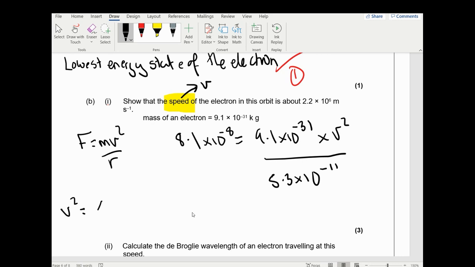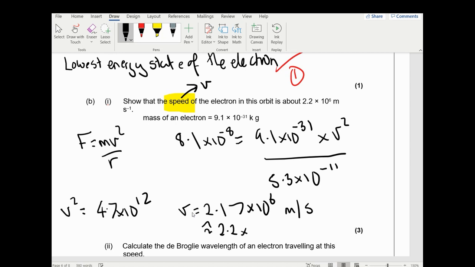And I get 4.7 times 10 to the 12, and if I square root that, I should have a nicer number of 2.17 times 10 to the 6 meters per second, which is approximately equal to 2.2 times 10 to the 6 meters per second.